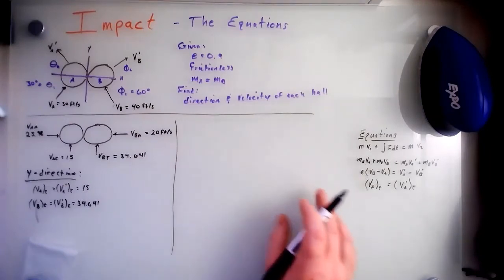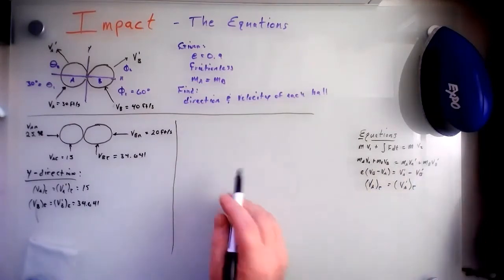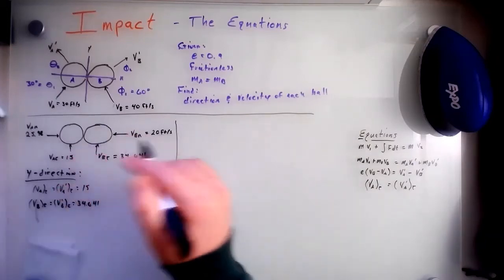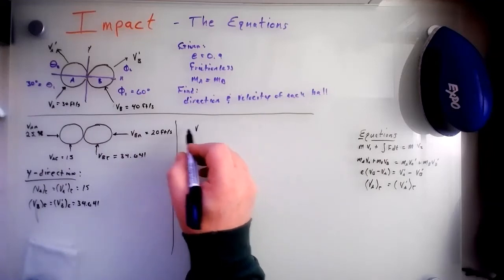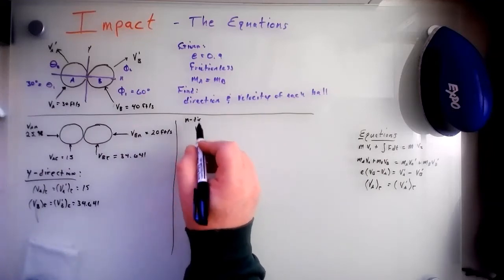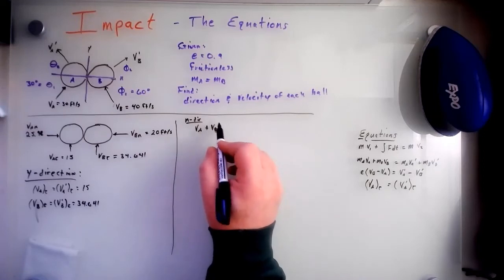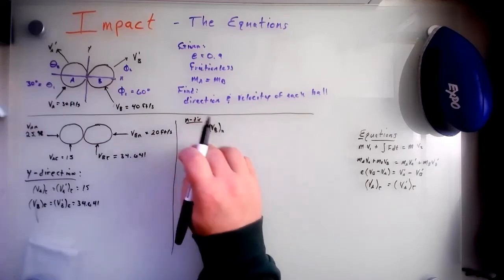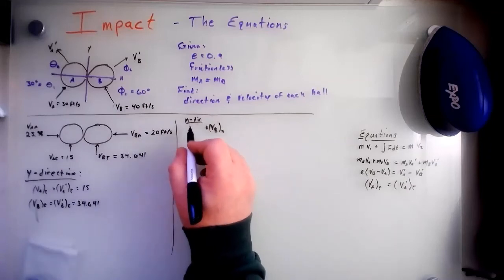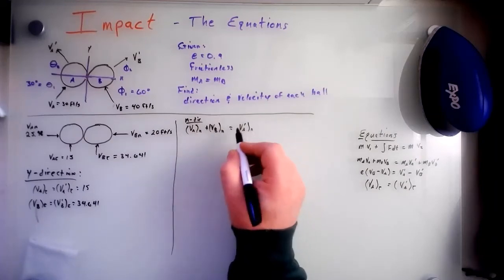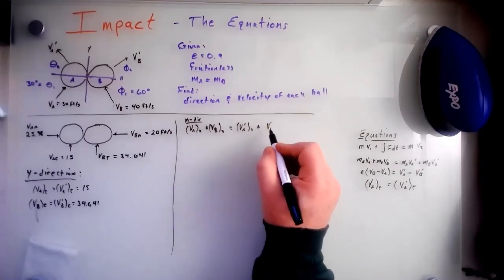Okay, now in the normal direction, things get a little bit different. So we can start with this equation here, the conservation of momentum. We'll go ahead and drop out the masses because we know that they're equal. So we'll say VA n plus VB n, and maybe it makes sense to put the subscripts here just so that when we put them back together, we don't get confused about this. So VA n equals VA prime n plus VB prime n.